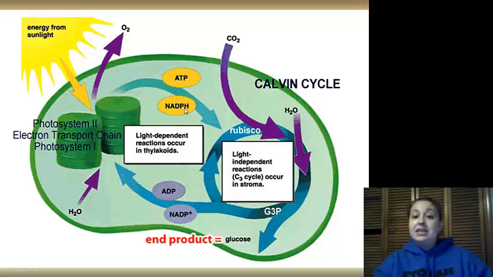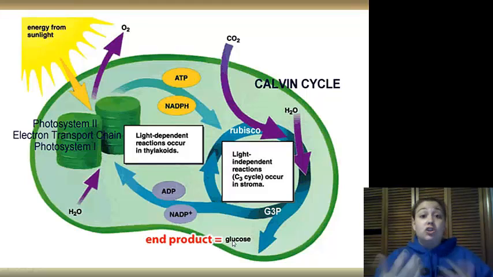This ATP and NADPH, combined with CO2 and more water, goes through the Calvin cycle to create glucose. Then these low energy forms can go back into the light reaction. So it's sort of like a whole cycle, ultimately ending with what we want, which is glucose for long-term storage.